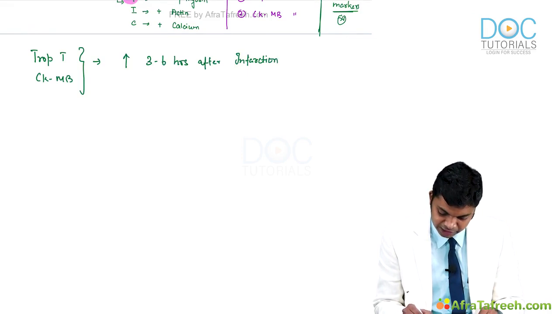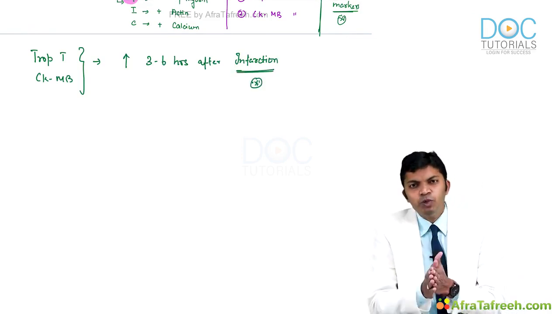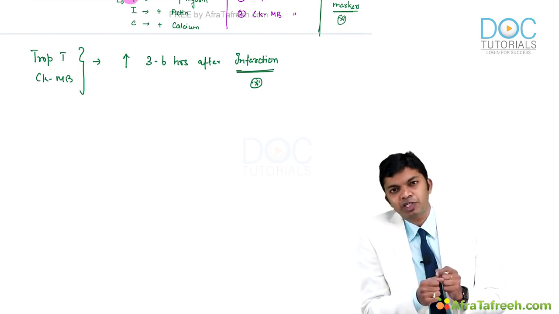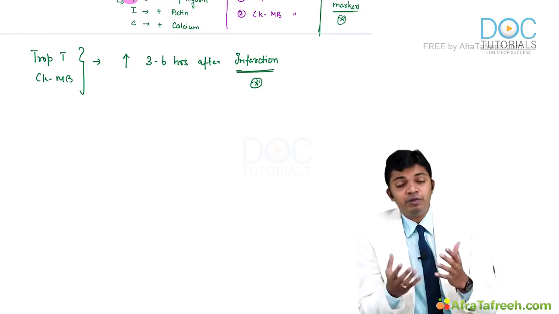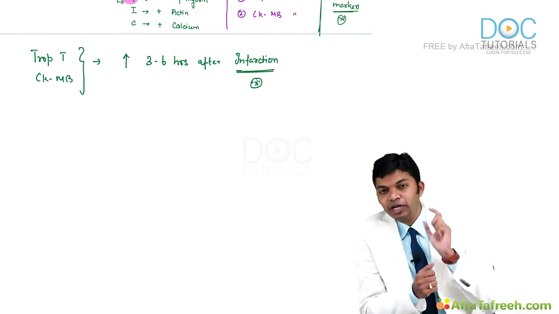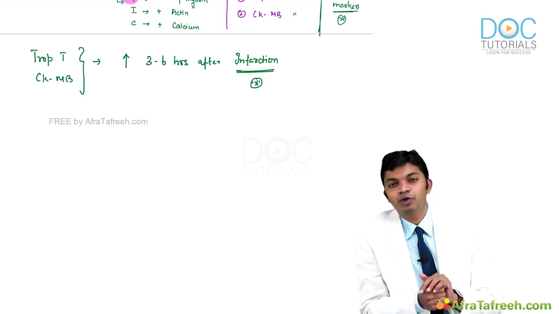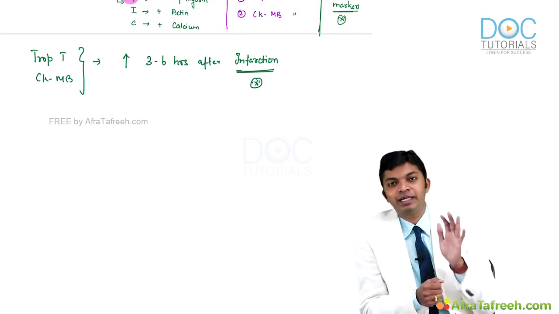3 to 6 hours after infarction, which means if a patient comes with acute chest pain within minutes, and you suspect a myocardial infarction for a case of acute chest pain, and would like to go for troponin T marker assay, do not go for troponin T as well as CKMB at least until 3 hours have passed, right?